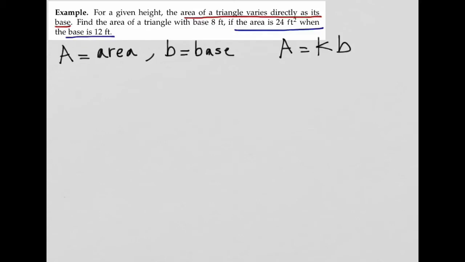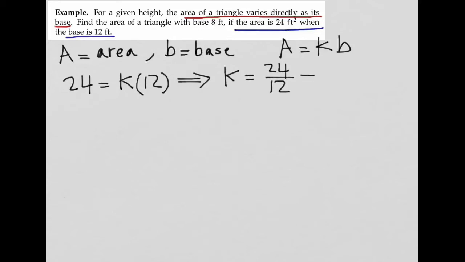In other words, 24 is equal to k times 12, which allows us to solve for k to get k equals 24 over 12, which is 2. With that, we can update our variation equation to write A is equal to 2b.